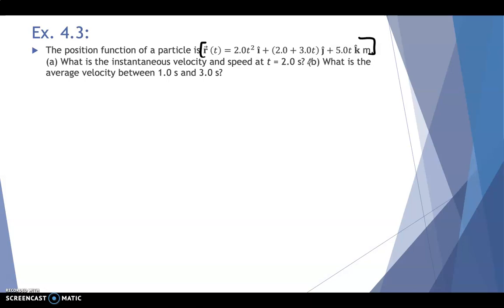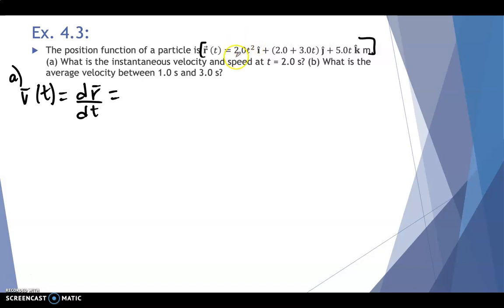So first we need to find our instantaneous velocity, and that's going to be a function, v of t. This is part A. And remember from our last slide, it's really just dr dt. So I'm going to take each individual piece here and take a derivative with respect to t.